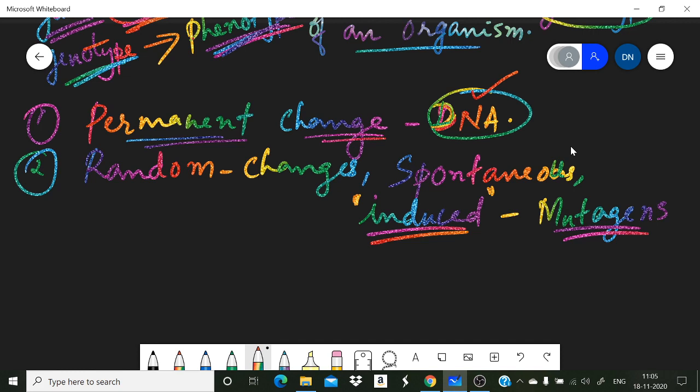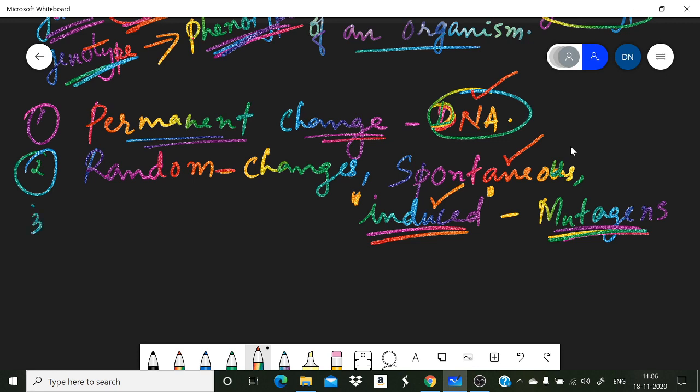So mutation is a permanent change that occurs in the DNA, and it is random. It is randomly occurring changes, or it may be spontaneous, or mutations may be induced. Mutations can be created by some agents, that may be a chemical agent, or physical agents like UV radiations or X-rays.